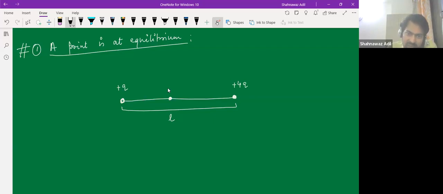Let's say we have another charge q at this point, and this point is at equilibrium.